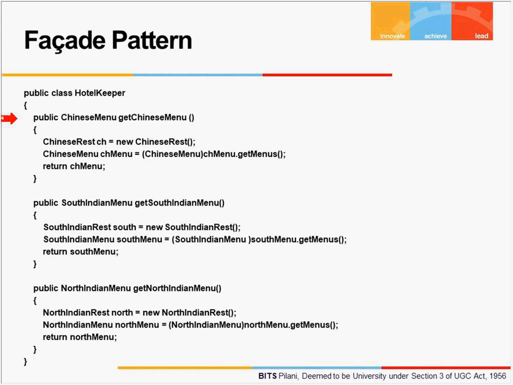So based on this, we would take the list from the customer. Now it is the responsibility of the hotel keeper to tell the customer which is the best restaurant that they should go to. There might be a possibility that the hotel keeper finds a restaurant which offers all these four foods, right?